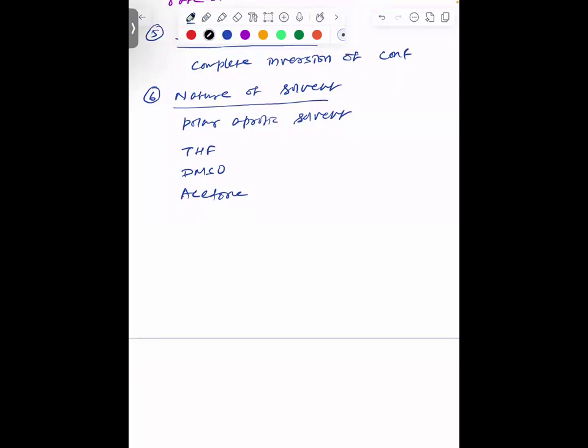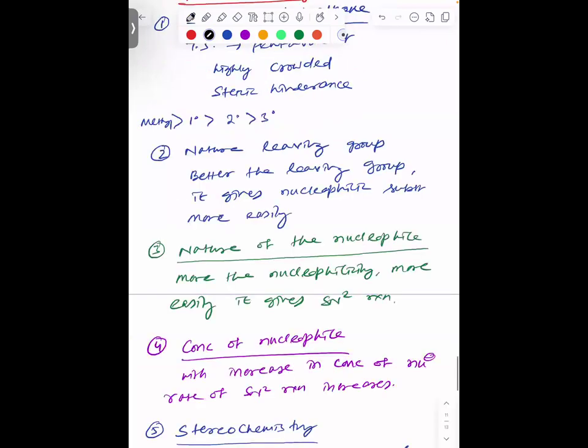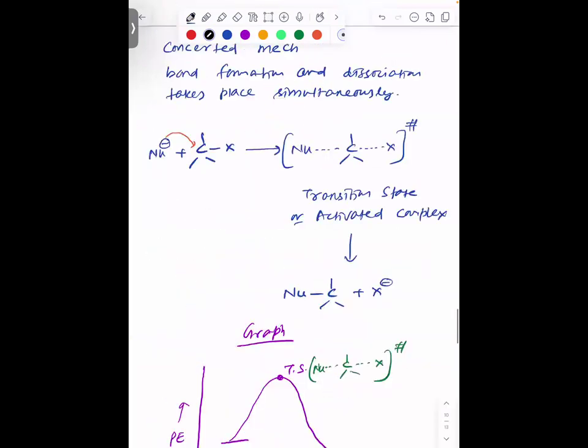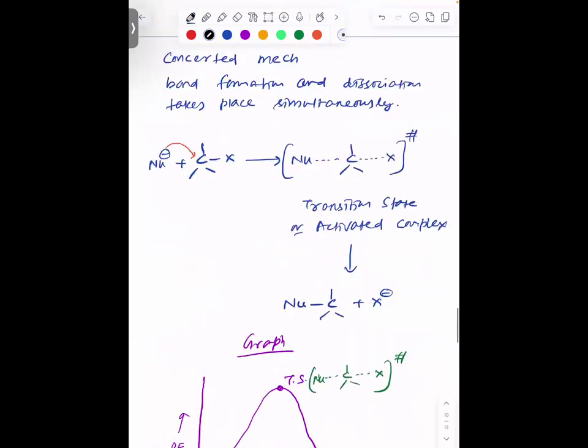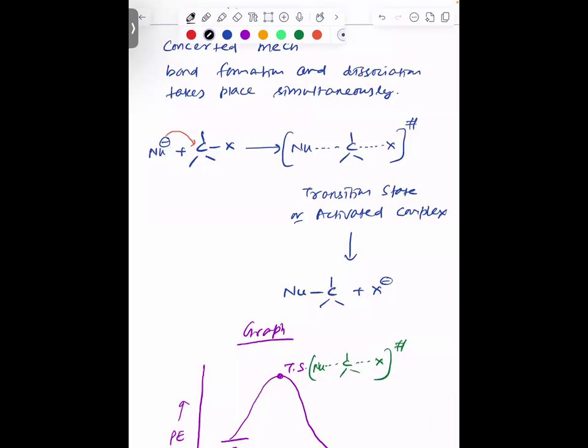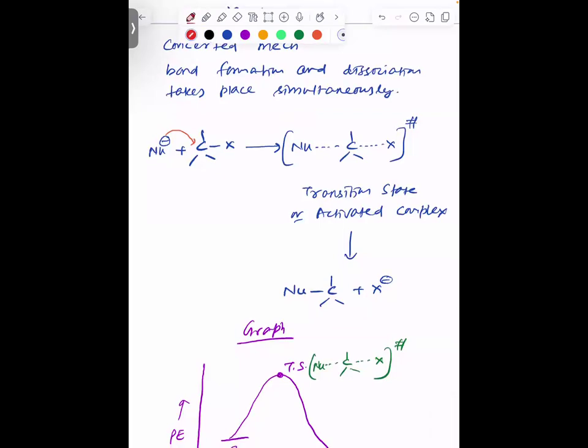Another factor in SN2 is reversibility. See this reaction, students. Here we are taking the nucleophile and a halide ion is released.